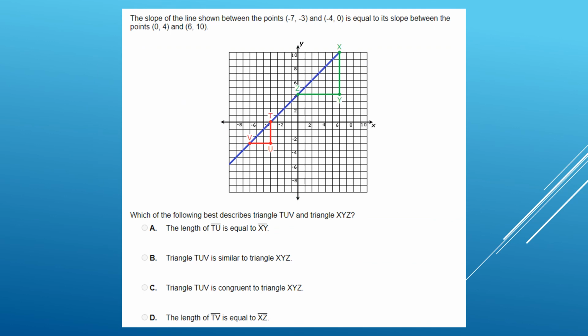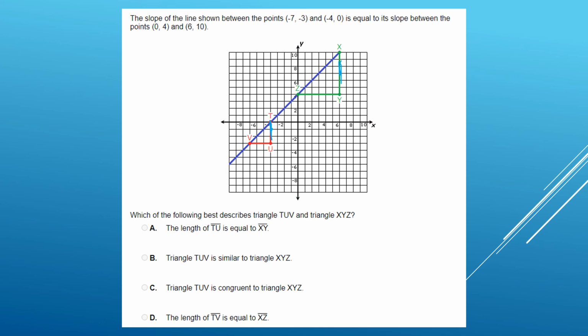Okay, the slope of the line between the points (-7, -3) and (-4, 0) is equal to its slope between (0, 4) and (6, 10). Which of the following best describes triangle TUV and triangle XYZ? So the length of TU, that's here, is equal to XY. Not true.